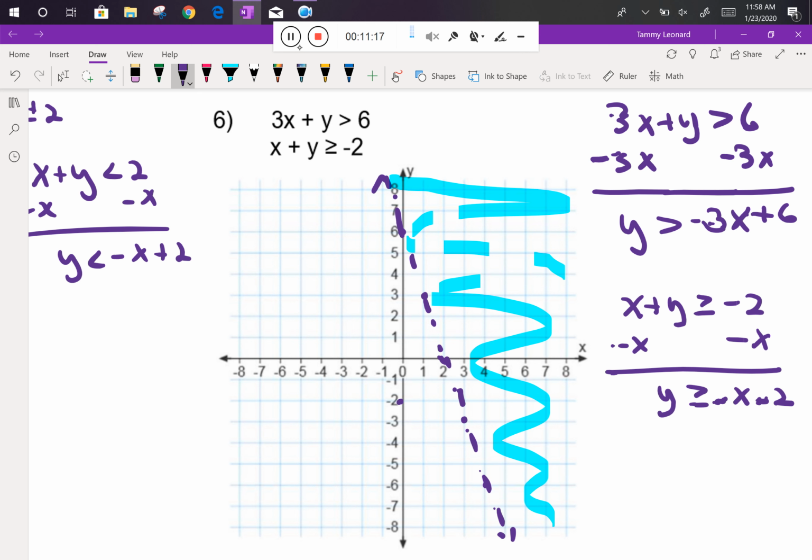So that's going to start at a y-intercept of negative 2 and go down 1 over 1. They just barely do intersect on the grid. This one is solid.